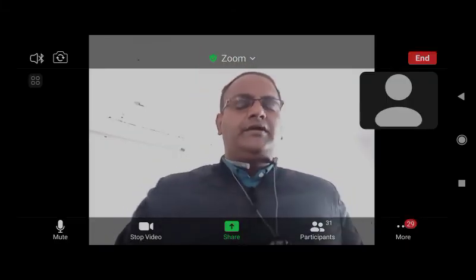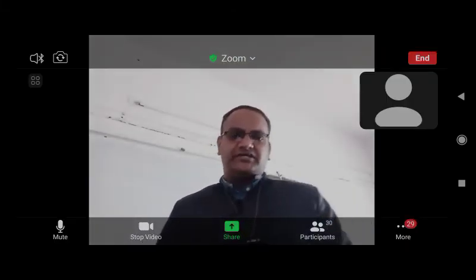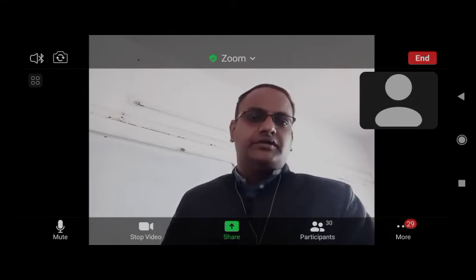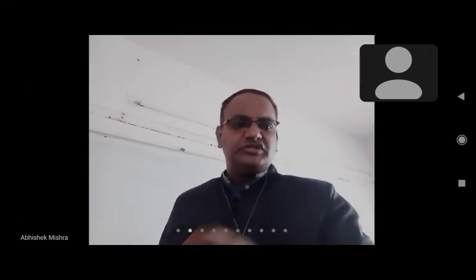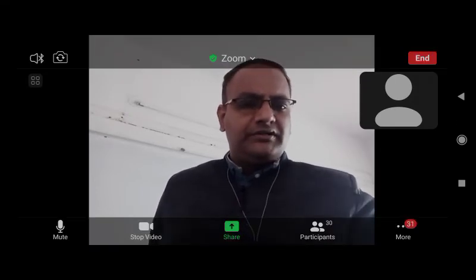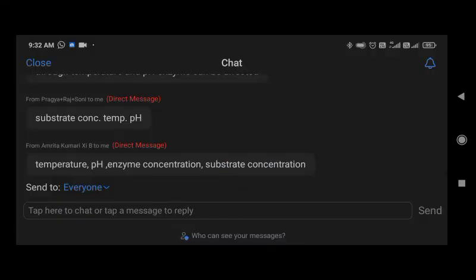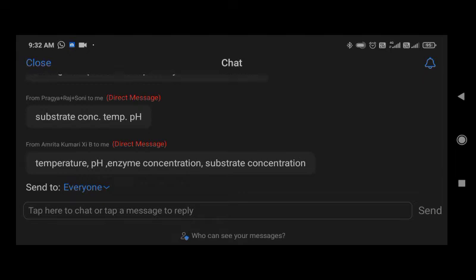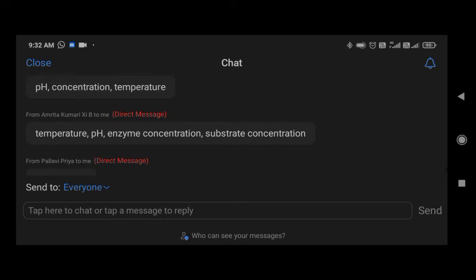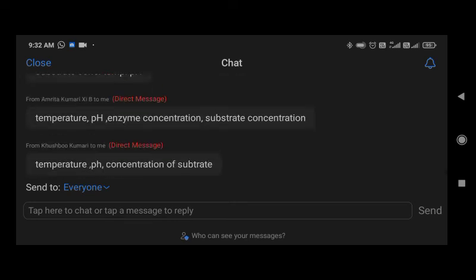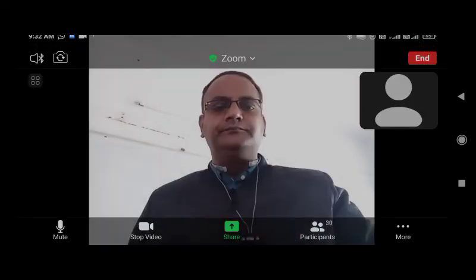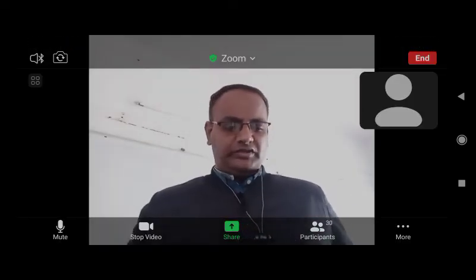So, okay, factors affecting the enzyme activity, as some of you have given the points also. It's temperature, pH, enzyme concentration, substrate concentration. Correct.